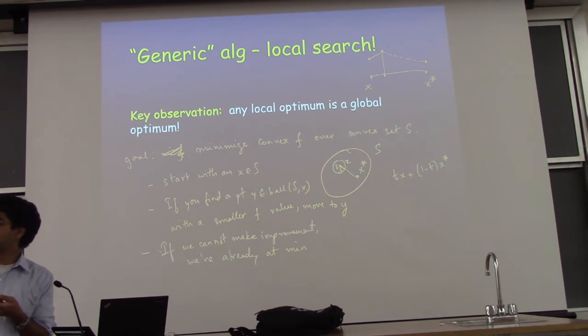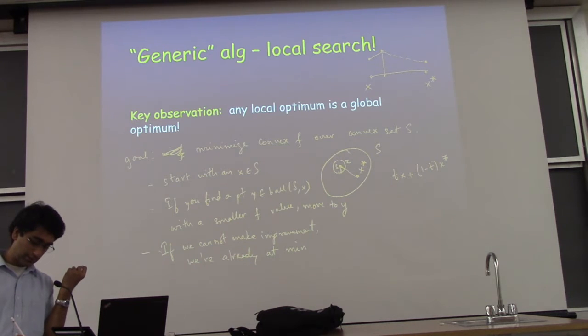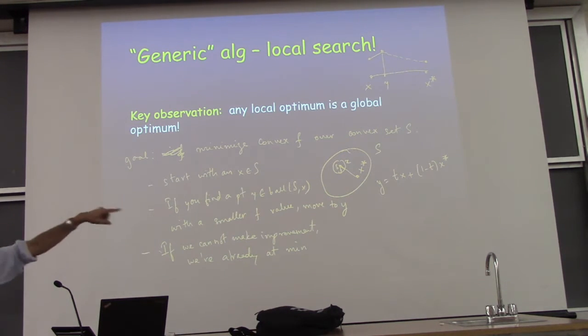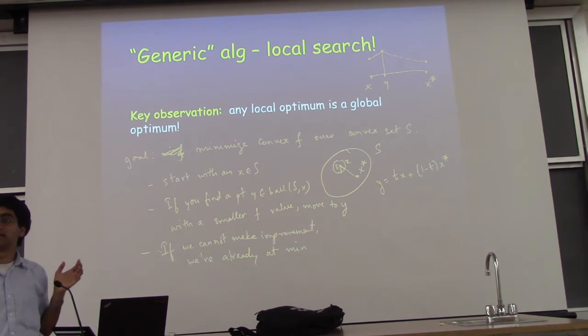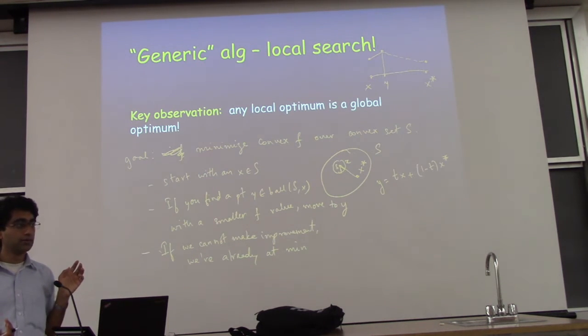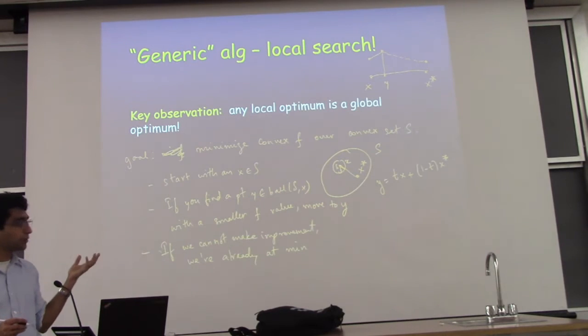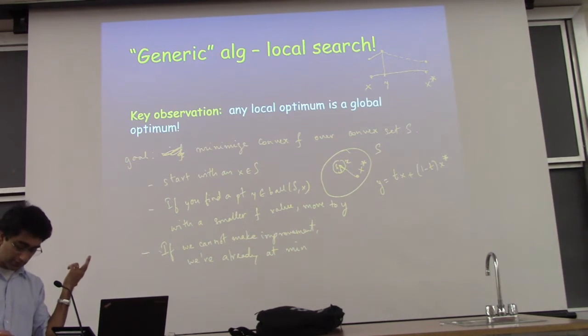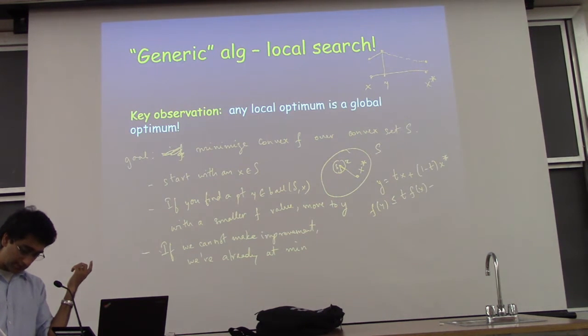This is an observation we saw last time. So any point, let's call this point y, can be written as t times x plus 1 minus t times x star. And so what do we know from convexity? We know that f of y is smaller than or equal to t times f of x plus 1 minus t times f of x star.